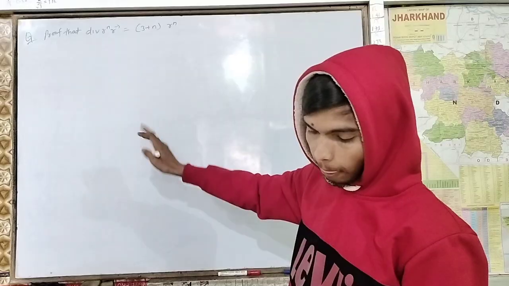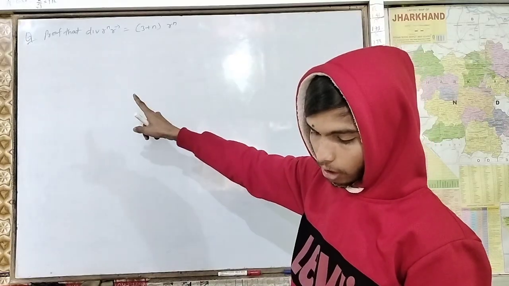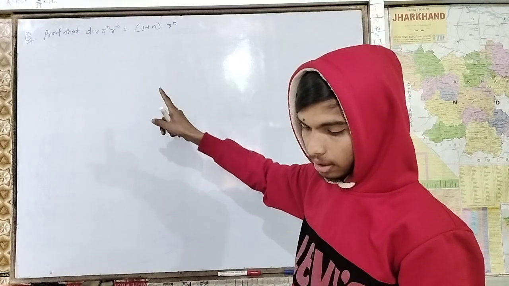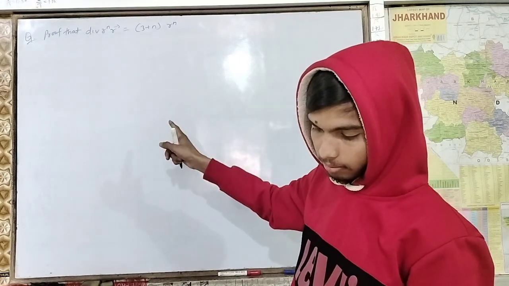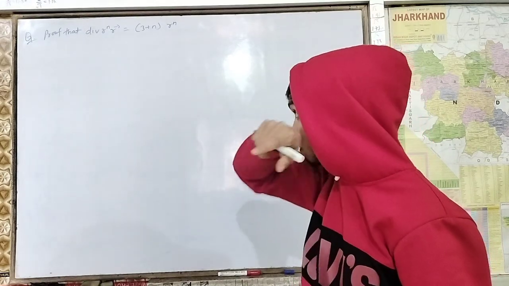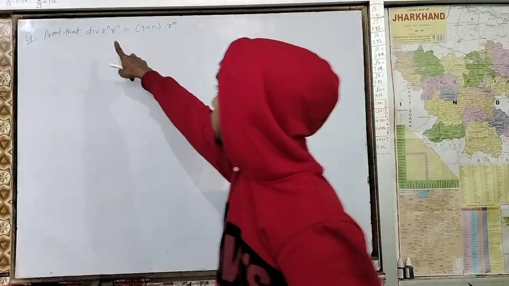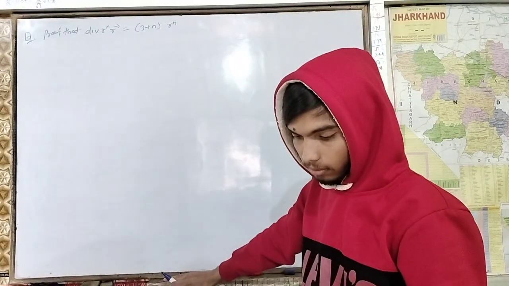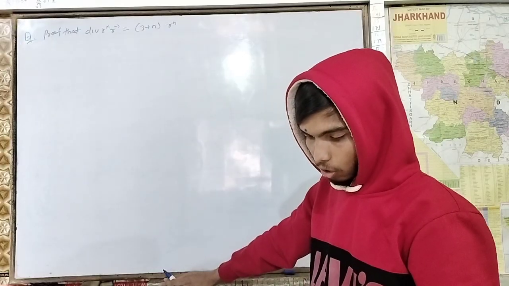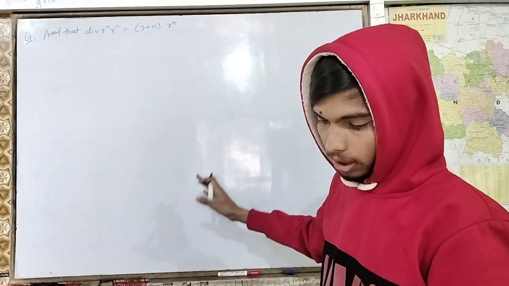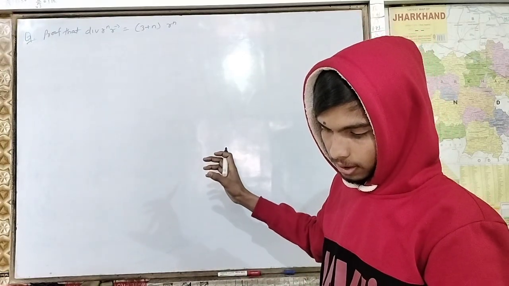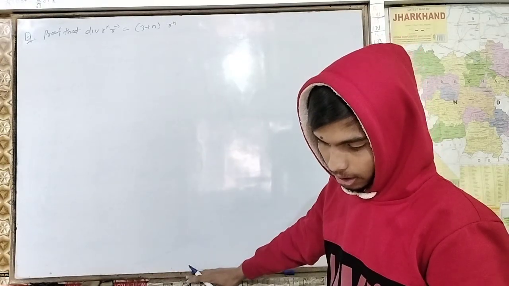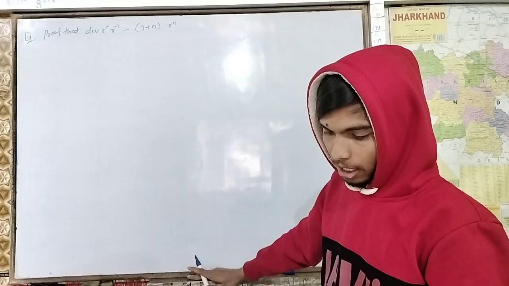Then we will put the value of del operator and then the value of r^n, then the value of R vector. Clear? Del operator. Then we will put n by 2.